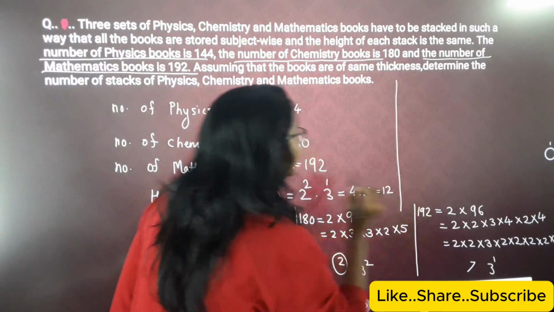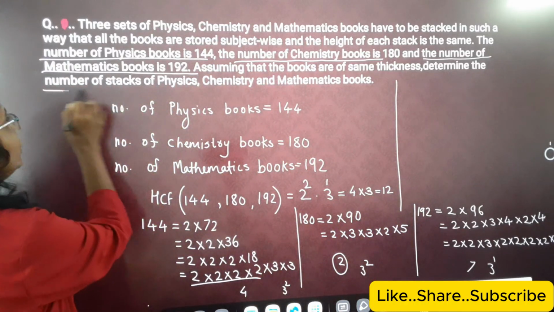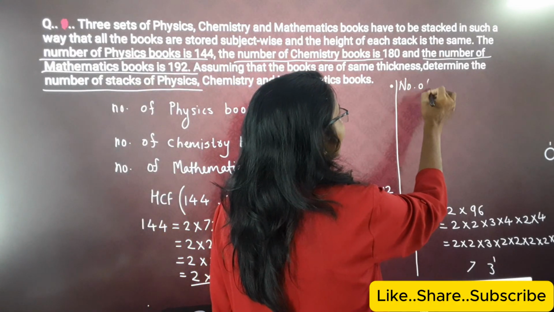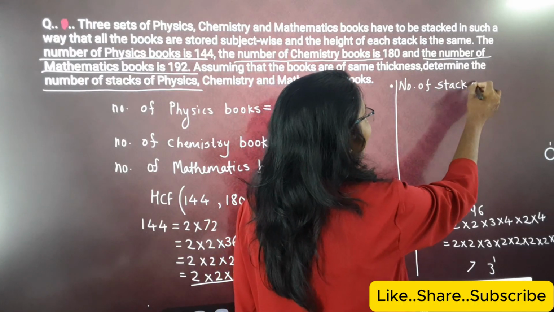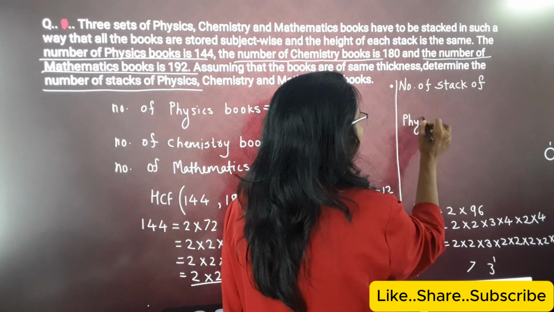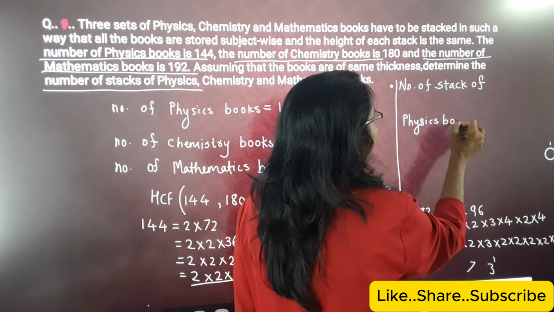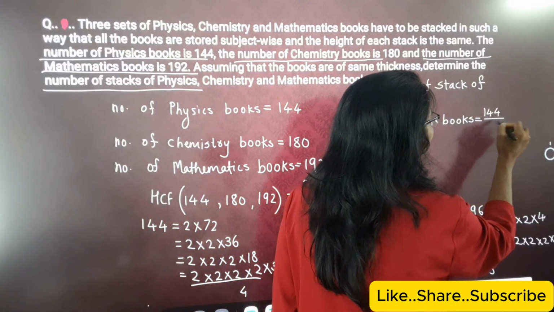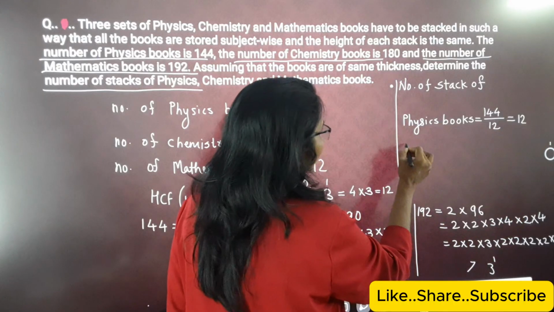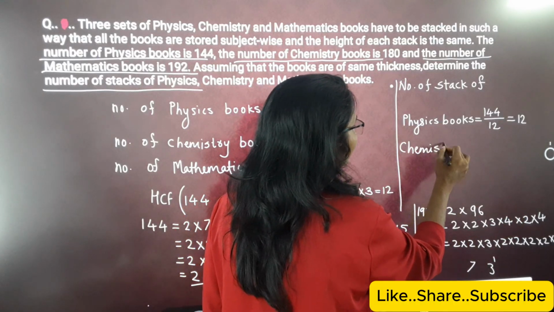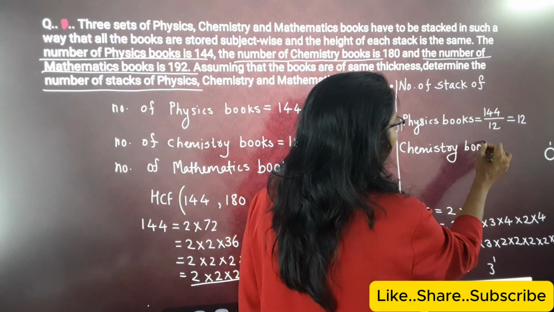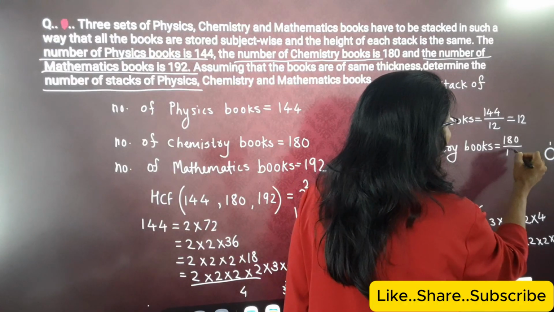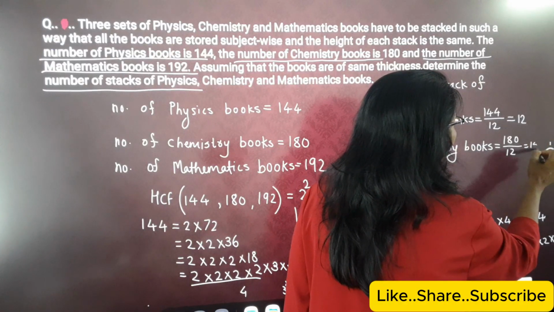Now we have to find the number of stacks of physics books. The physics books are 144, so 144 divided by 12 is equal to 12. Then chemistry books. The chemistry books are 180, so 180 upon 12 is equal to 15.